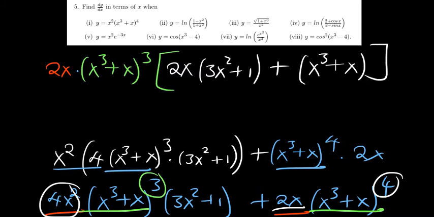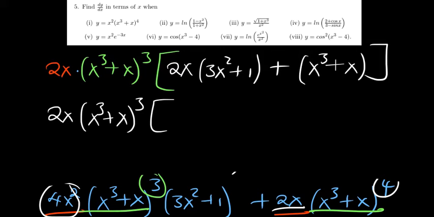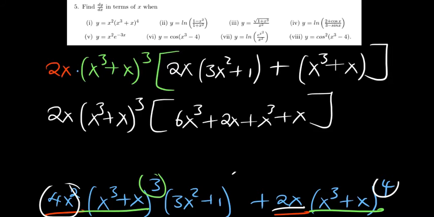So of course you know what is in the brackets can be simplified, right? So I have 2x, x to the power 3 plus x, to the power 3 in brackets. So 2x times that is going to be 6x to the power 3 plus 2x plus x to the power 3 plus x. That's what we have there, right?